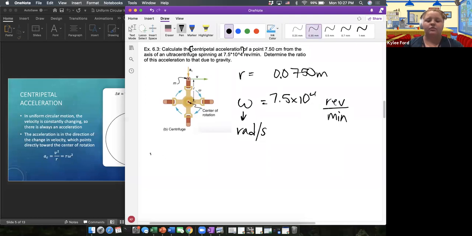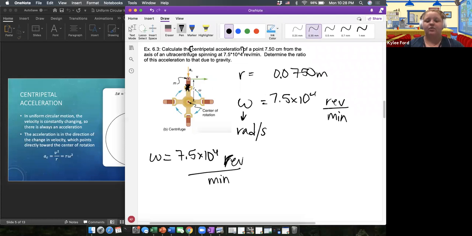Okay, so if I want to convert my 7.5 times 10 to the 4th revolutions per minute, the first thing I want to do is convert my revolutions. When we are looking at one revolution, say we start here, we go all the way around back to this point again. How many radians is that in one revolution?